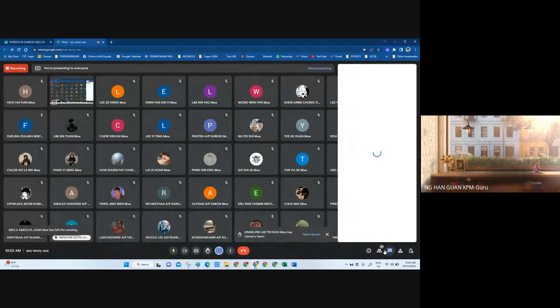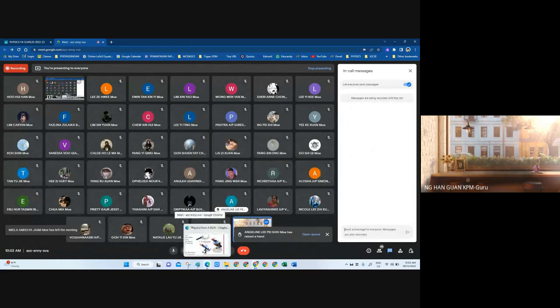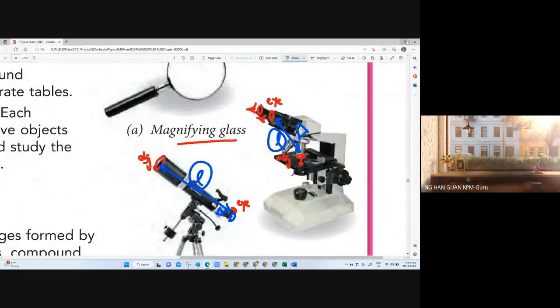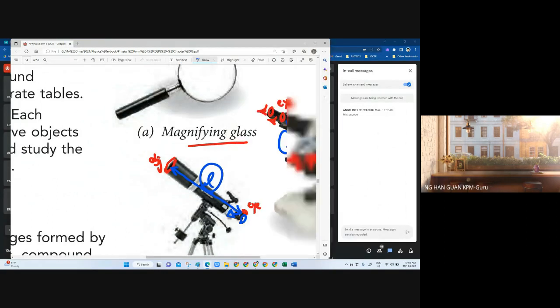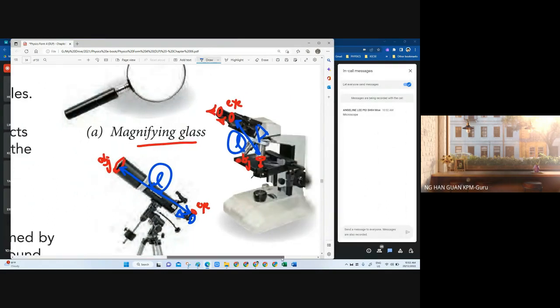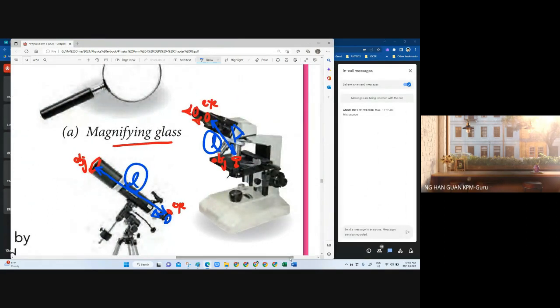Please give me some response. Which one has the length between the lenses adjustable? Telescope or microscope?